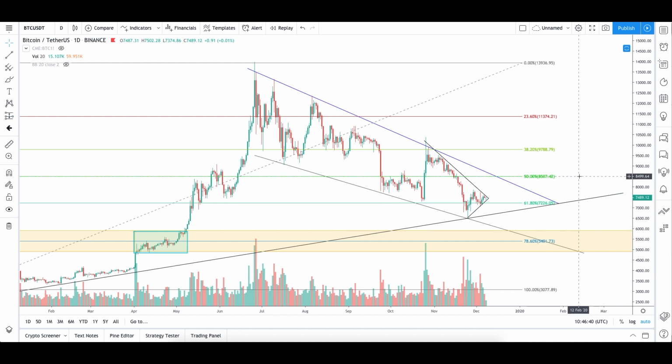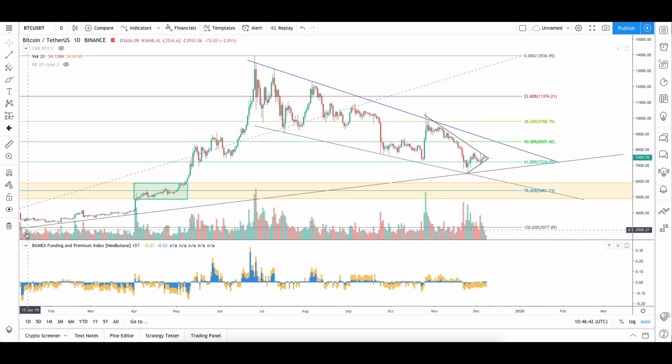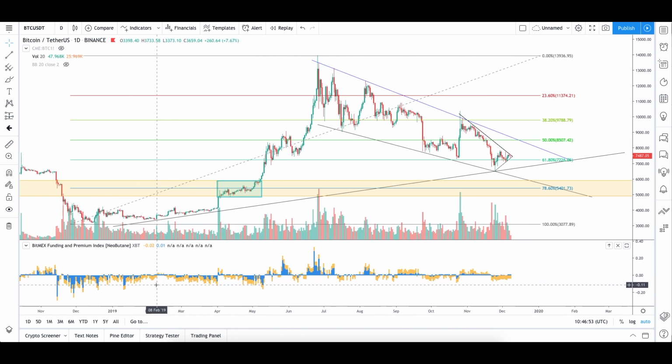And moreover, if you look at the funding and premium index, the index which we mentioned many times in previous videos, this is actually very reasonable. Here, you remember, it was very low for a long time, and we had the market growing after that. Let's say here it was very high, and we had the correction.